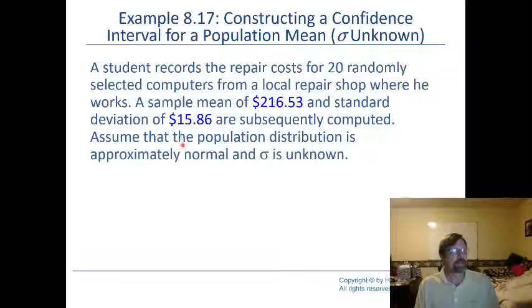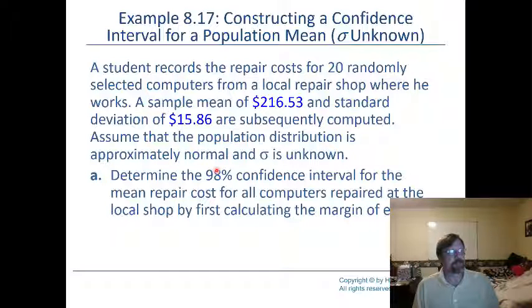I'm going to assume the population distribution is approximately normal, and the population standard deviation is unknown. So our sample size is 20, which is less than the 30 we need, but with the assumption that the population distribution is normal, we can proceed.